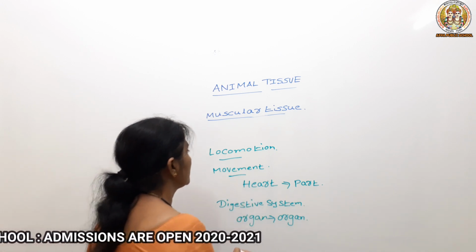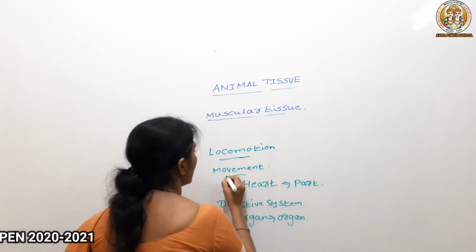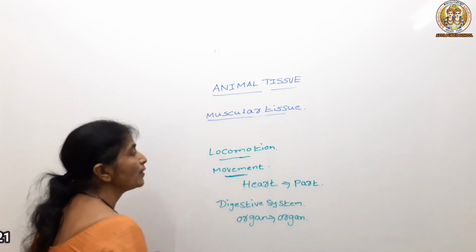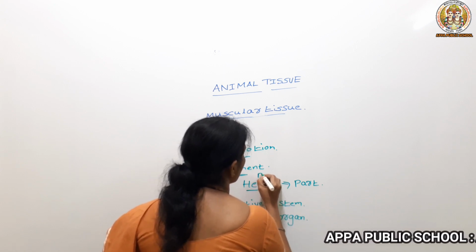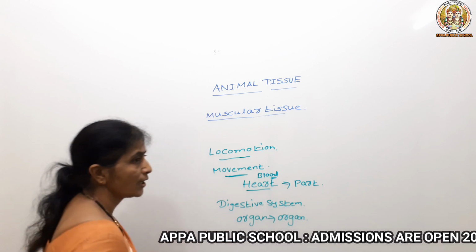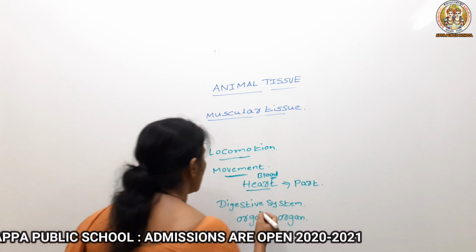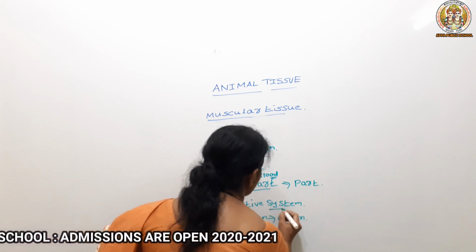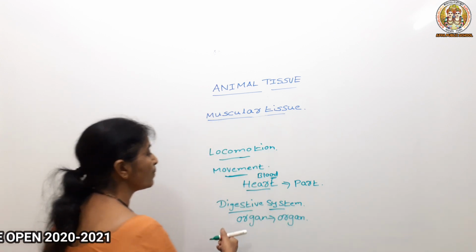In case of the heart, it moves the blood from one organ to another due to contraction and relaxation. And in case of the digestive system, the food is passed from one organ to another.